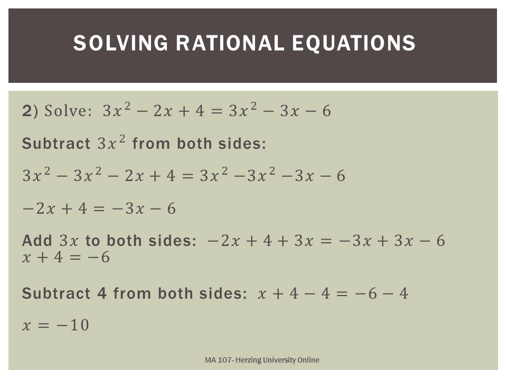Negative 2x plus 4 plus 3x equals negative 3x plus 3x minus 6, which simplifies to x plus 4 equals negative 6. Subtract 4 from both sides. x plus 4 minus 4 equals negative 6 minus 4. Therefore, x equals negative 10.